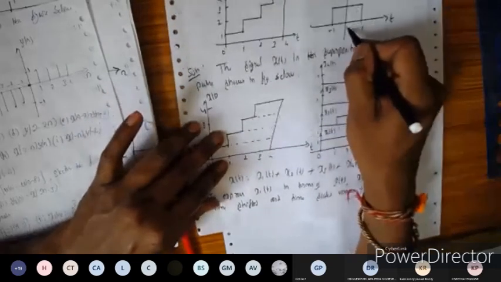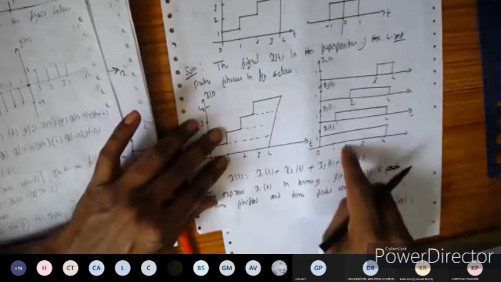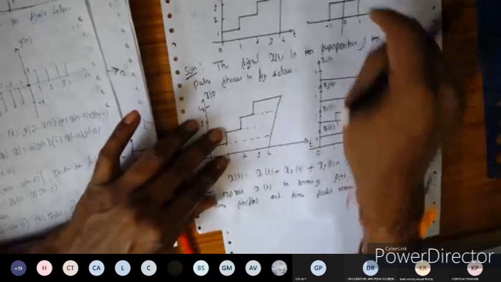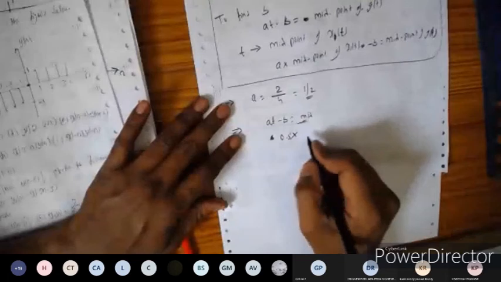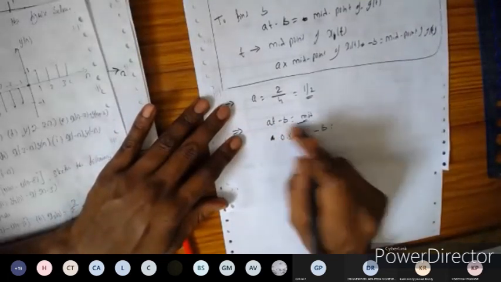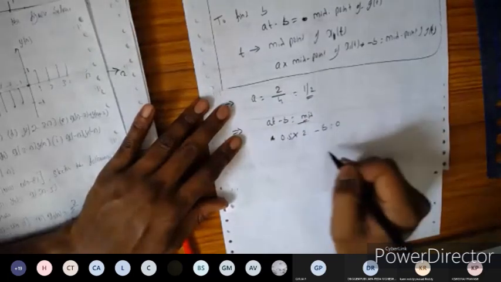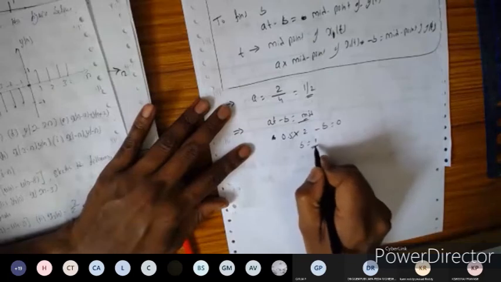For g of t, the midpoint is nothing but 0 here. Let us substitute 2, the midpoint of x1 of t, and g of t as 0 here. So this has become 2 minus b into the midpoint of g, which is 0. Send b to that side, so 2 into 1 will become 1 here.